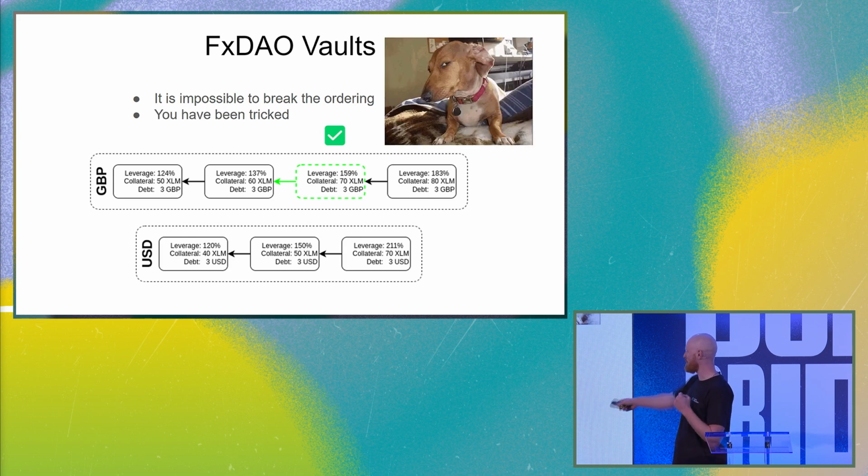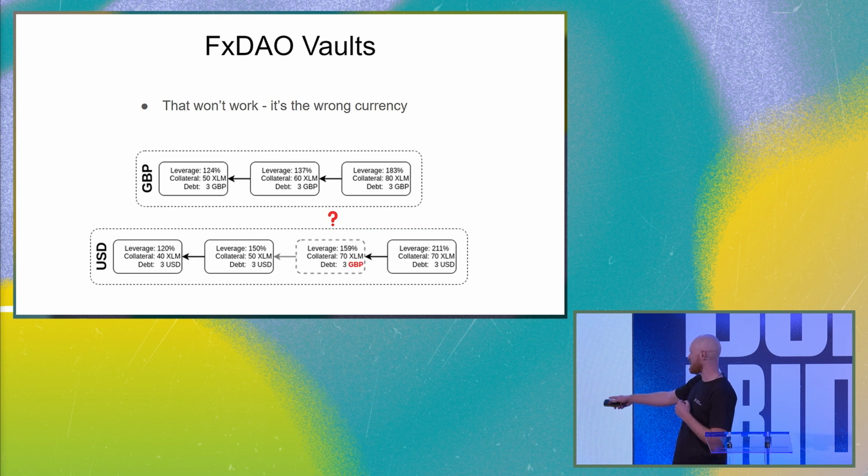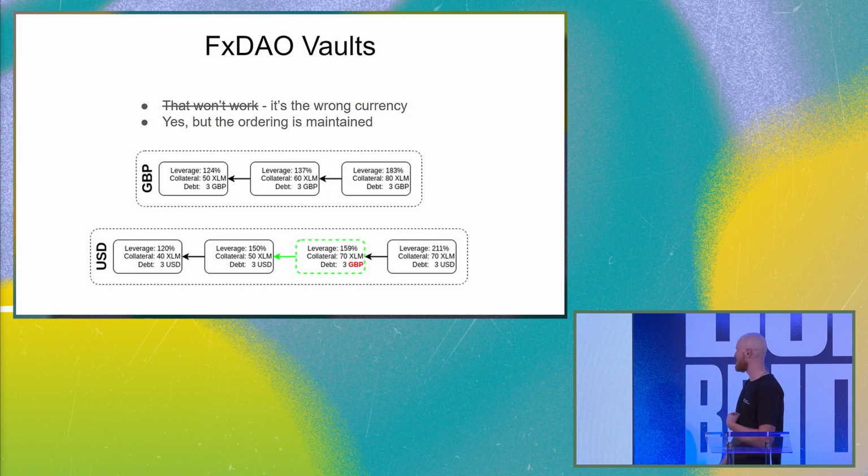But everyone will see the list down the bottom and probably know what I'm getting at: is it possible to put the Great British Pounds vault into here? It shouldn't work because it's the wrong currency, but in fact it will work because all it checks is that the ordering is maintained. In terms of the list, the one beforehand and the one after it is indeed a correct order.